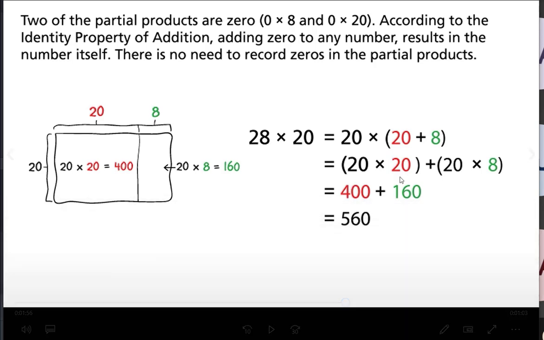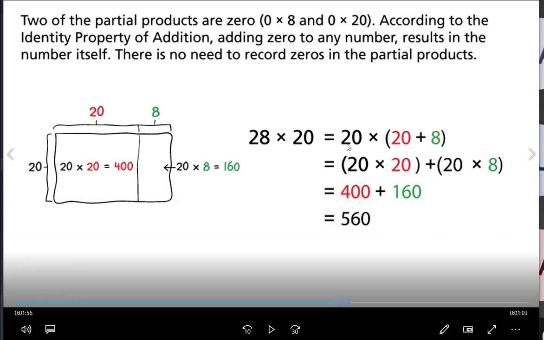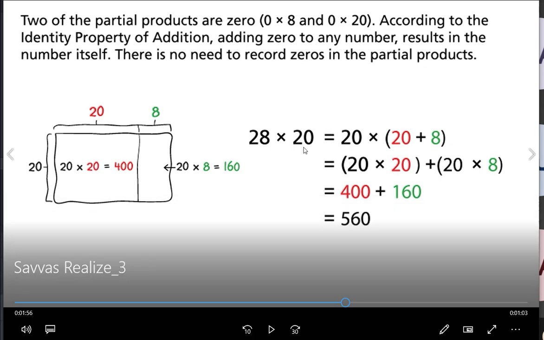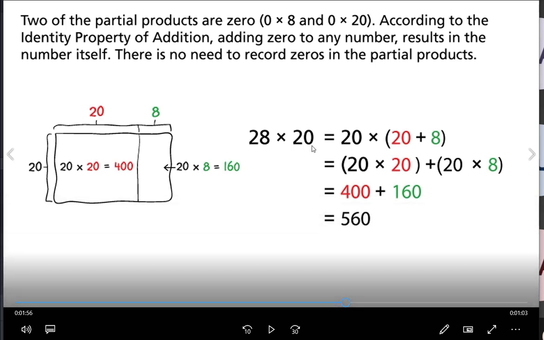So, my heroes, till now, when we multiply 28 by 20, do you remember that we need 4 multiplications to multiply 2 digits by 2 digits? In today's lesson, we will use only 2 multiplications. Why? Because it's 20, so we don't have ones here.